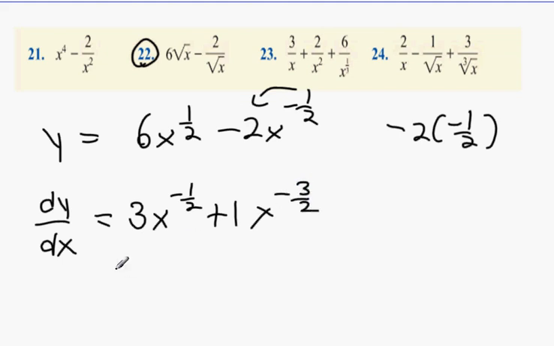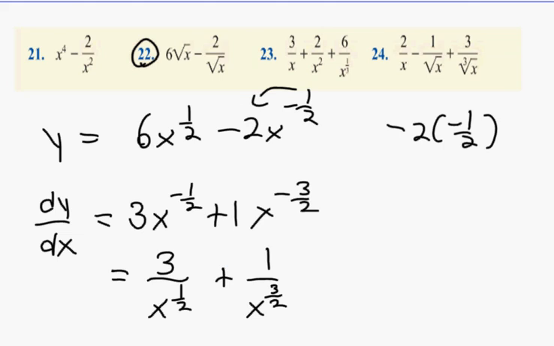Now that's correct, but they also might have it expressed like this in the back of the book: 3 over x to the power of a half plus 1 over x to the power of 3 over 2.